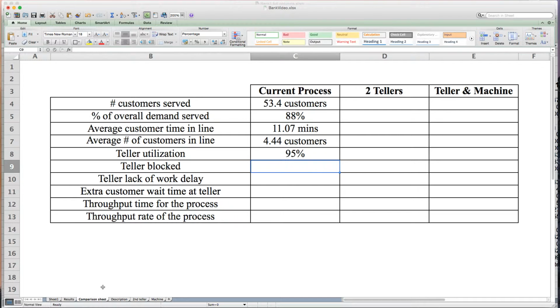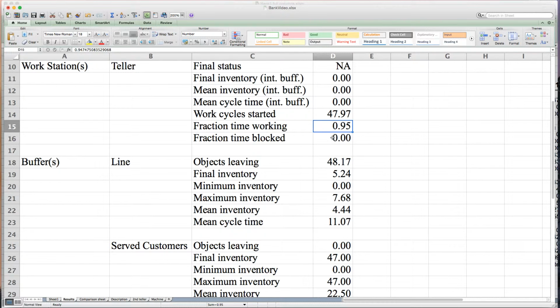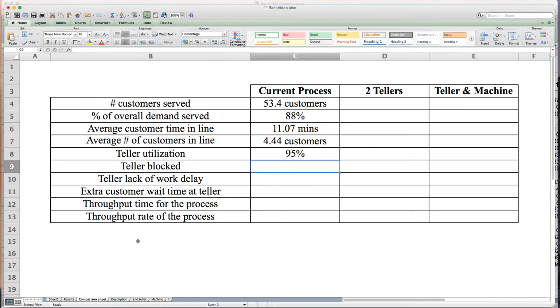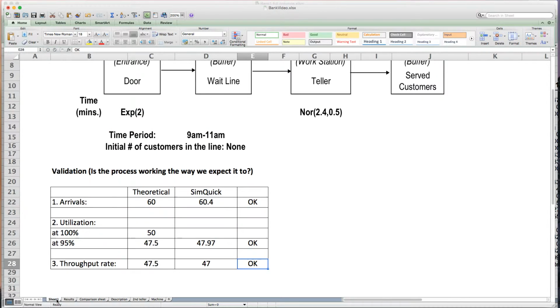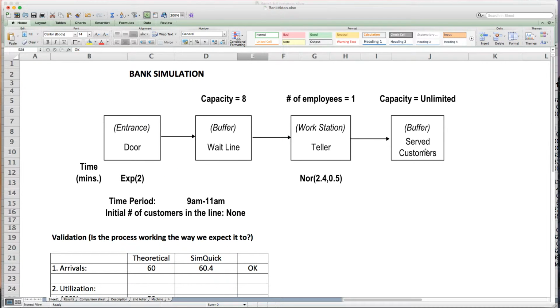Okay, blocked time is 0%. Now think about why that makes sense. If you look at this process here, after the teller, the person leaves the system. So the teller can never be blocked because there's nobody ever coming behind him in the process. Everybody leaves after they're finished with the teller. So typically the blocking time in that teller should always naturally be 0.